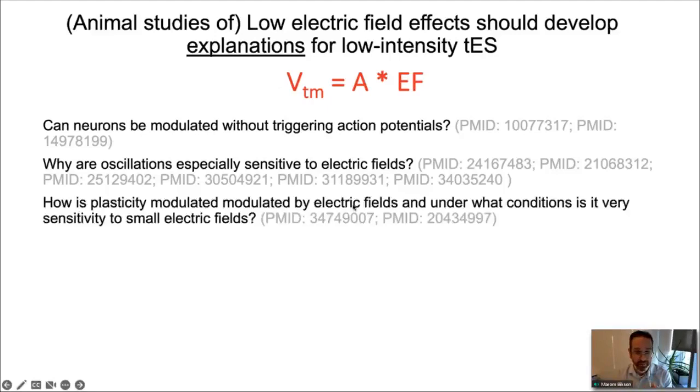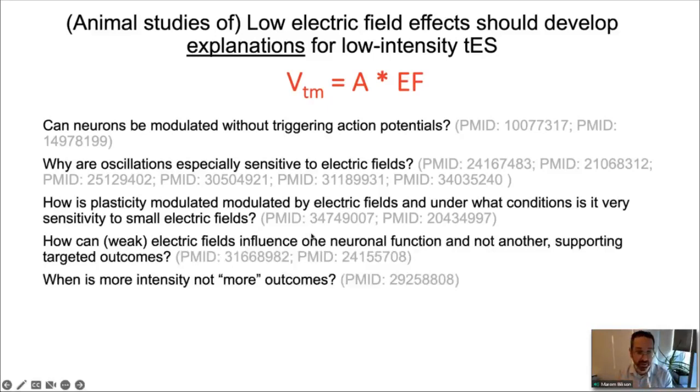Forward. We can ask, what about neuronal plasticity? Are there situations where the brain is undergoing plasticity, and because of that, it becomes exquisitely sensitive to perturbation by electric fields, especially small electric fields? Next point. We can ask where specificity comes from.